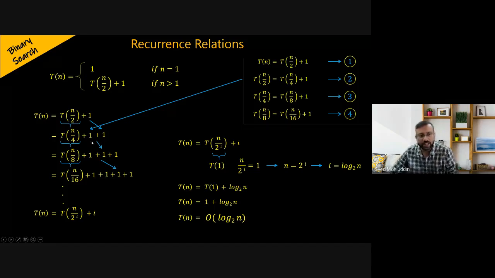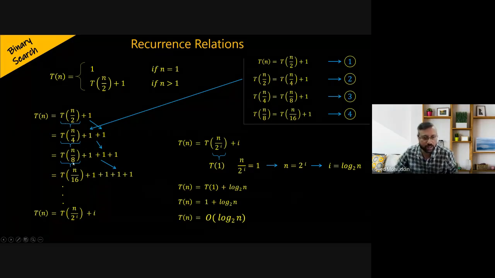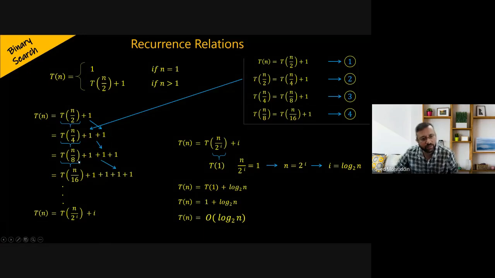Then T(n/4) can be substituted by the third equation. So T(n/4) can be written as T(n/8) plus 1 from the third equation, and then plus 1 we have over here from the original equation. Then again, in place of T(n/8), we can substitute T(n/16) plus 1.